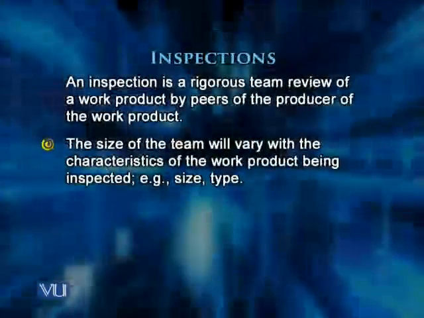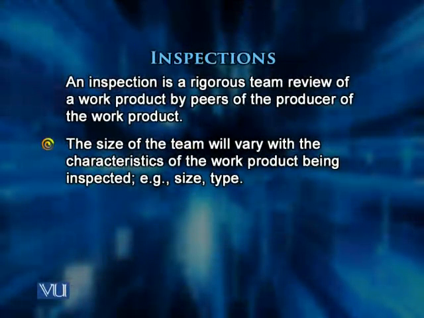The size of the team varies on a number of factors. It depends on the kind of work product, the size of the work product, and the degree to which we want to rigorously review it.